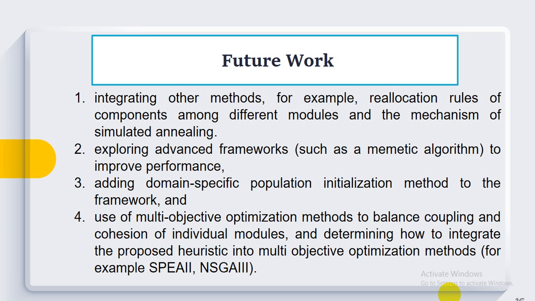We can also explore advanced frameworks, such as a semantic algorithm, to improve performance, and add a domain-specific population initialization method to the framework. Another is using multi-objective optimization methods to balance coupling and cohesion of individual modules, determining how to integrate the proposed heuristic into multi-objective optimization methods.